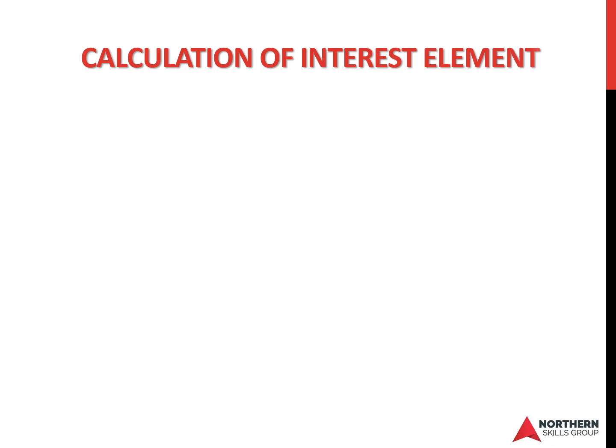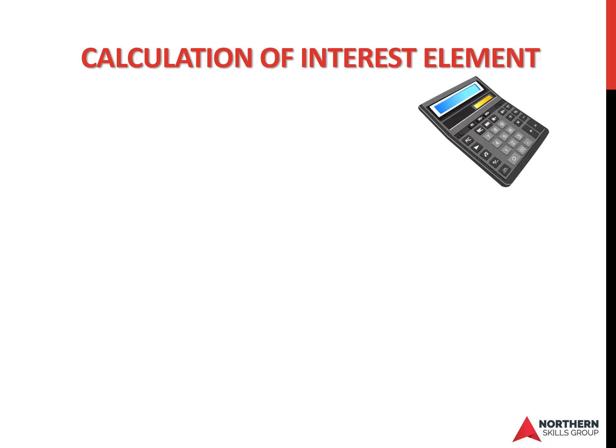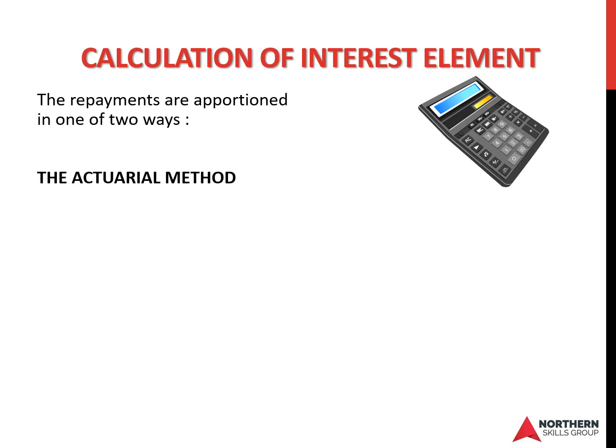So provided you get the treatment of the payments correct, and particularly watch out for that first payment that's treated as a reduction of capital if it's made in advance. The other problem is the correct calculation of how much of each payment represents interest, and there are two ways of doing that.